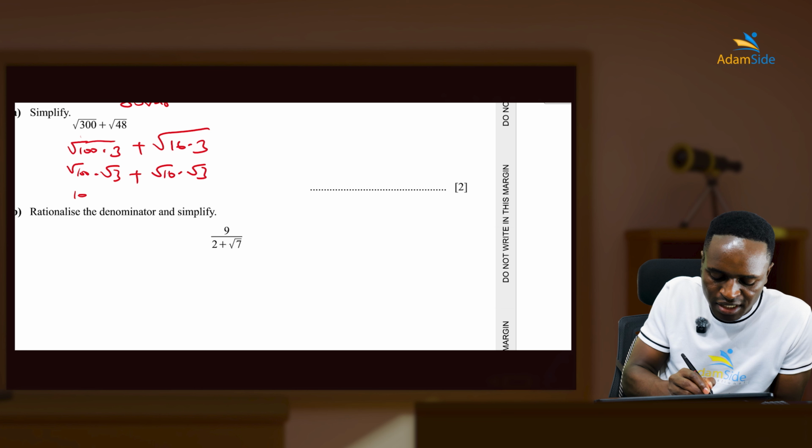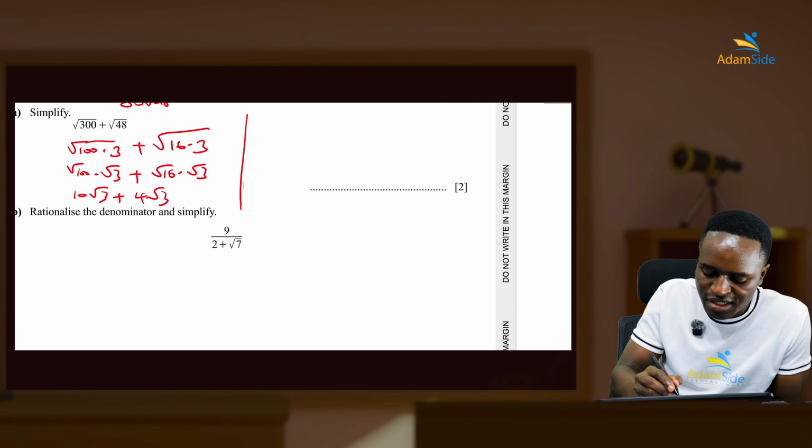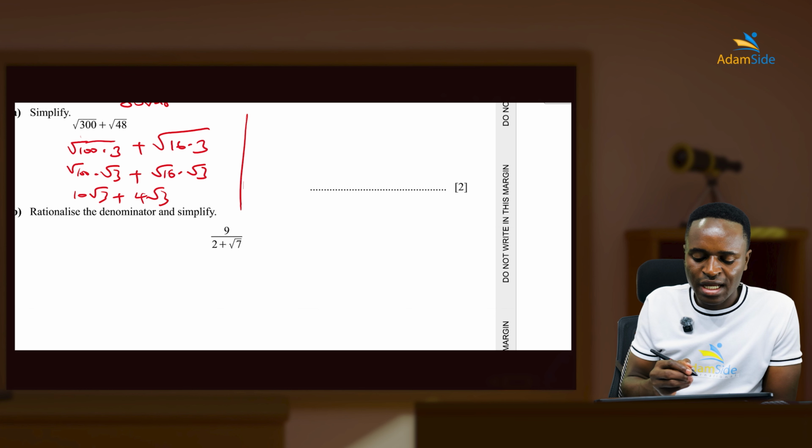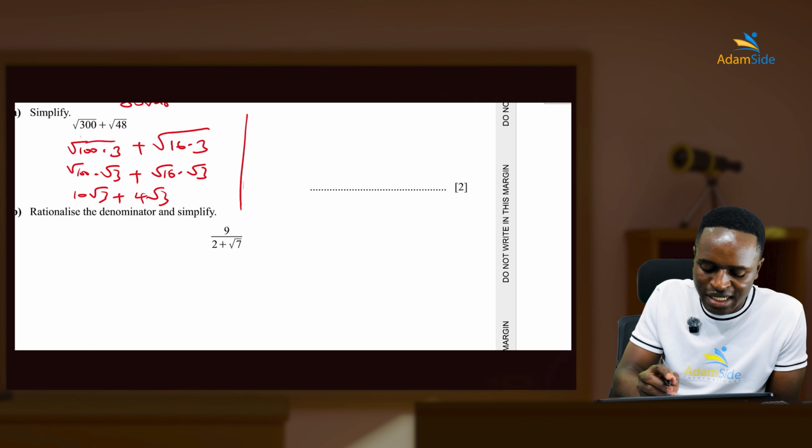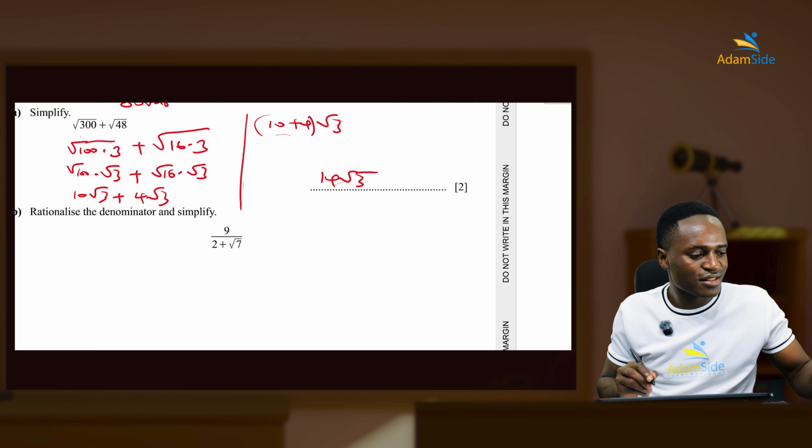Root 100 is 10, so 10 root 3, plus root 16 is 4 root 3. Then solve. They are the same. In addition of surds that have the same number inside the square root, you just add up the coefficients. So 10 plus 4 root 3, that's 14 root 3. You get the answer.